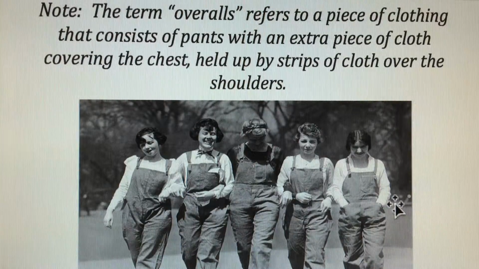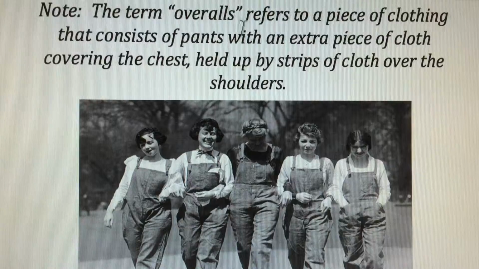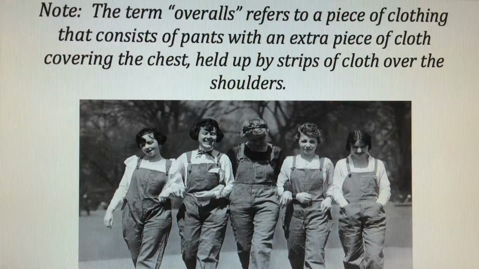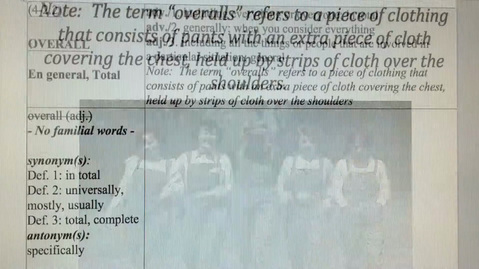Overalls. Do you own a pair of overalls? Anyway, this term overalls has nothing to do with this overall, okay? Unless you want to think, well, it's covering more of you. So I guess you could say it's covering more overall. But just to let you know.